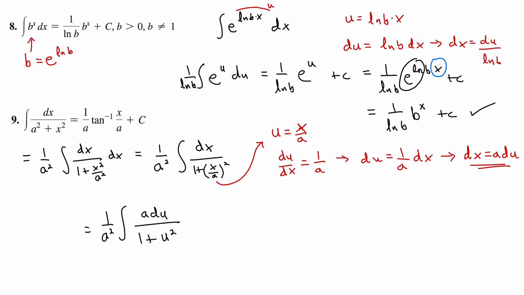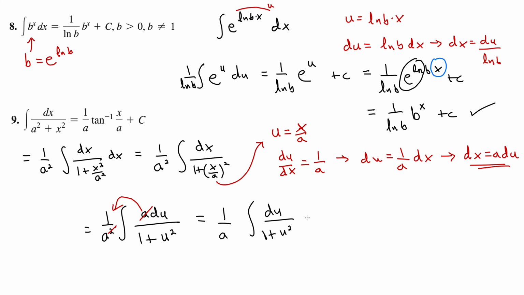Well, now we get some nice cancellation. We have 1a up here and a squared down in the denominator there. So we get some nice cancellation, because remember, essentially a can come out of the integral because it's a constant. So this gives 1 over a integral du over 1 plus u squared.